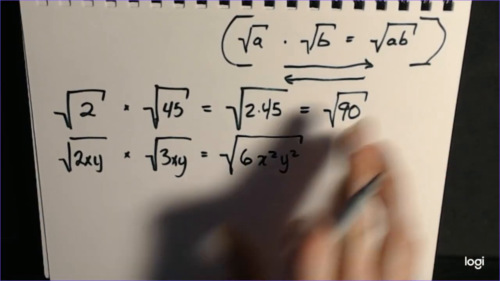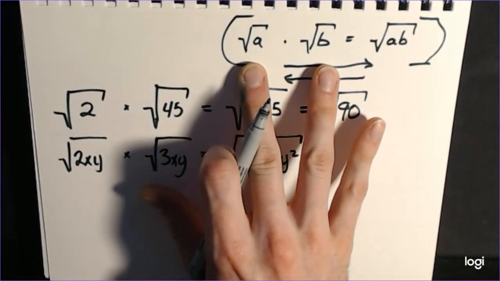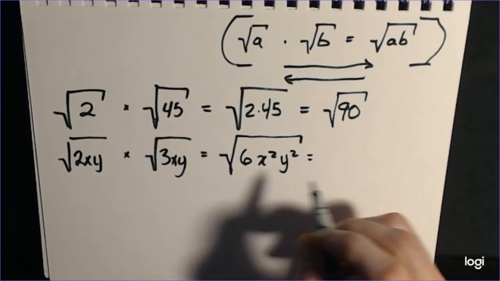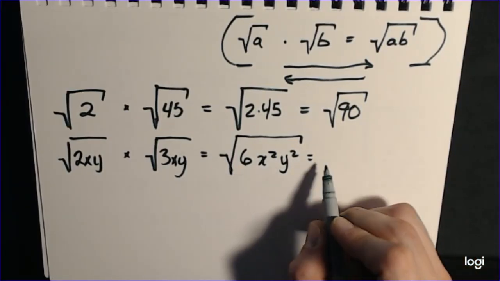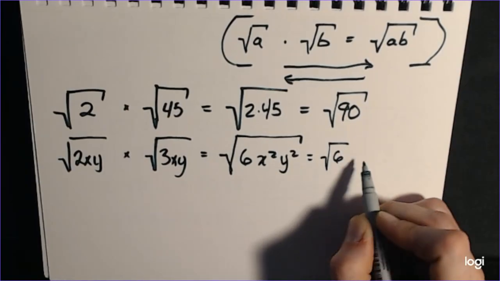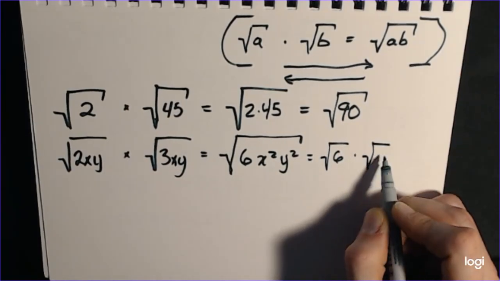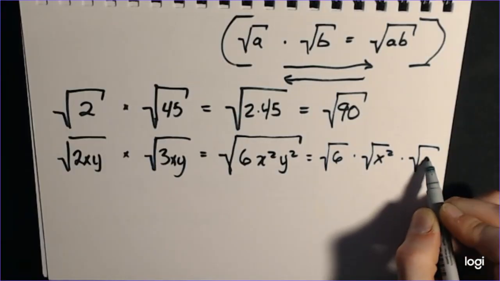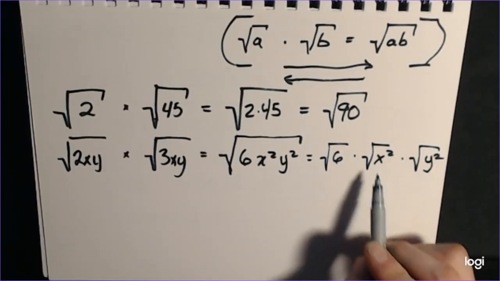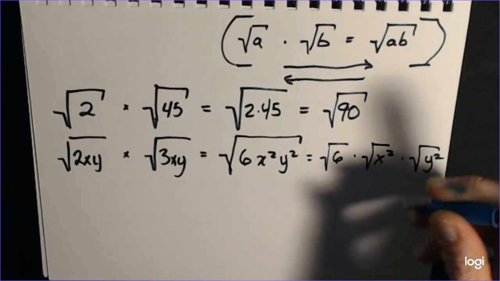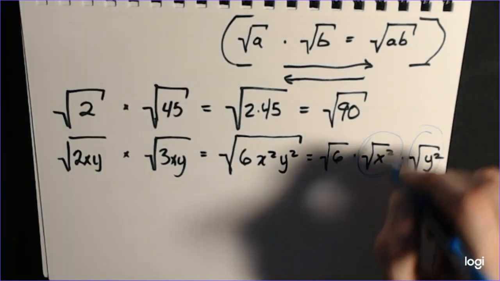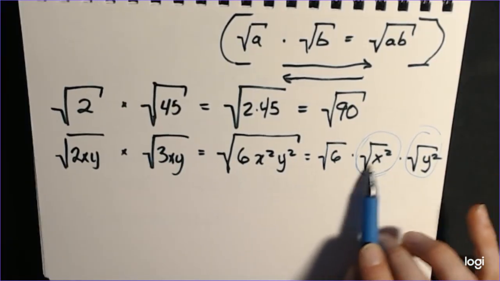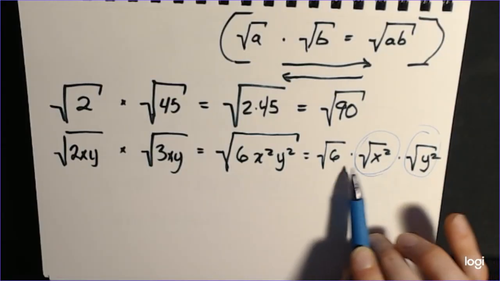Now, this is where breaking them apart can be used to our advantage, because I think it really illustrates what we're doing here. If I break this into the square root of 6 times the square root of x squared times the square root of y squared, I hope everyone is seeing that the square root of x squared is the reverse operation of squaring.